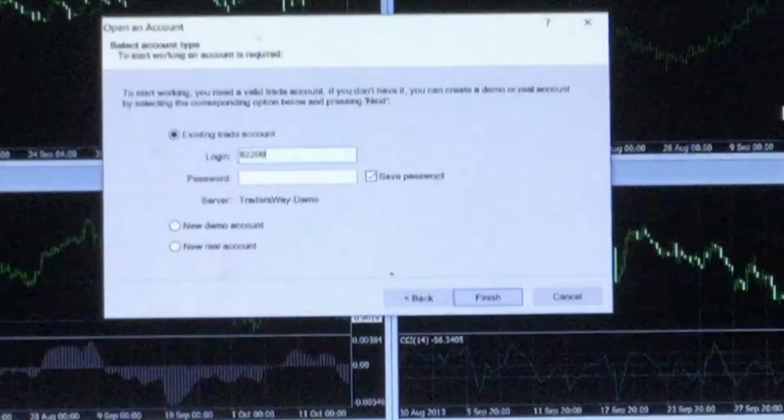Now I'm going to choose TradeSway as my demo. Remember, I'm going to existing trade account. I'm going to put in my info. Click finish. If it did it right, it would make a noise.